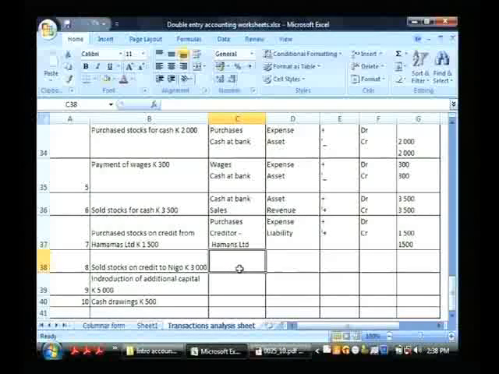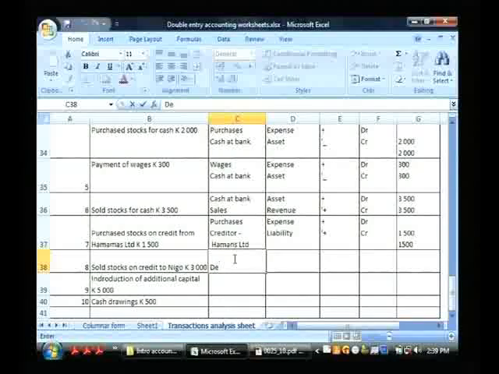Eight. Sold goods on credit. Therefore, here once goods are sold on credit, we have an account called debtors account. Debtor and sales.